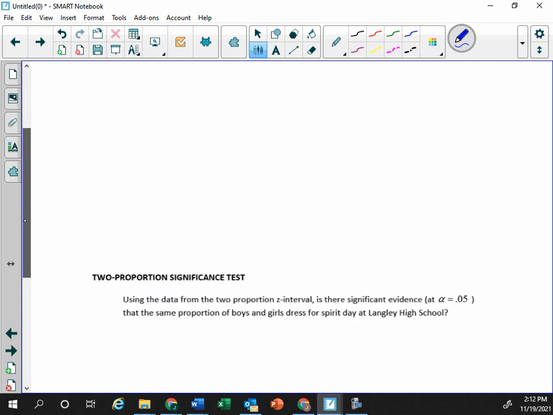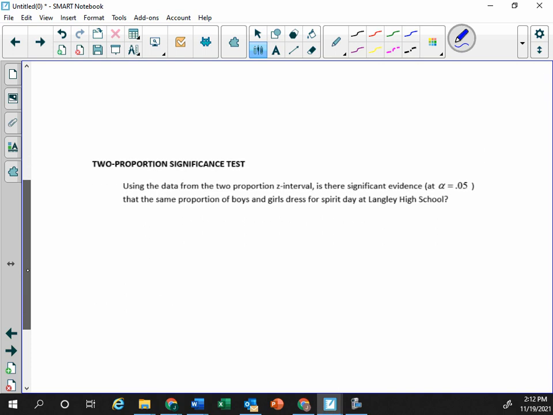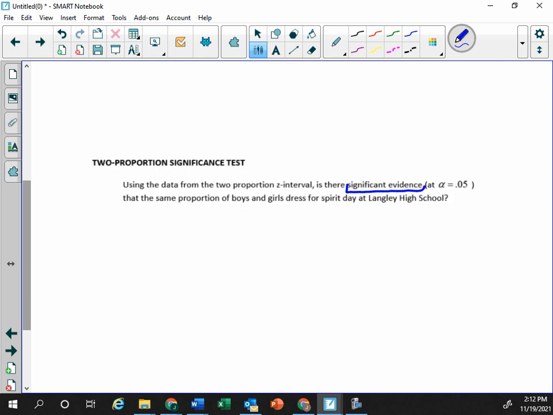But let's read, I know we're not going to do this one next, but read the hypothesis test too. Do you see how this says, is there significant evidence? That's your clue, like, oh, I should be doing a hypothesis test, okay? So you really just have to look in the wording for what it's asking you to do.